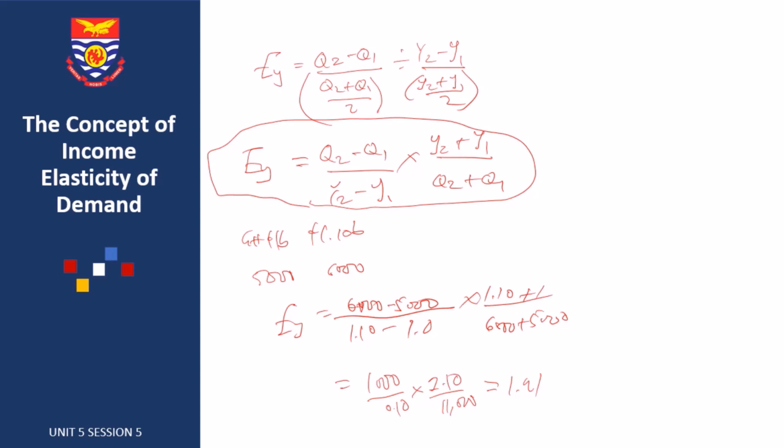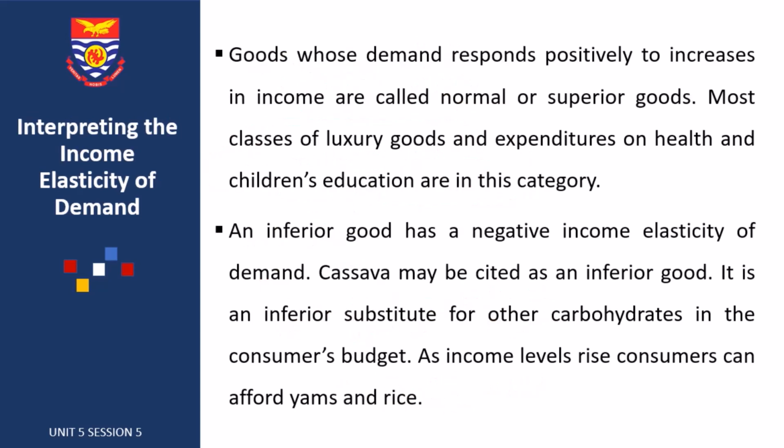We will talk about how to interpret the income elasticity of demand. It measures how far the demand curve shifts horizontally when income changes. When an income rise shifts the demand curve to the left, the income elasticity of demand is negative. The income elasticity of demand is positive when the demand curve shifts to the right due to an income rise.